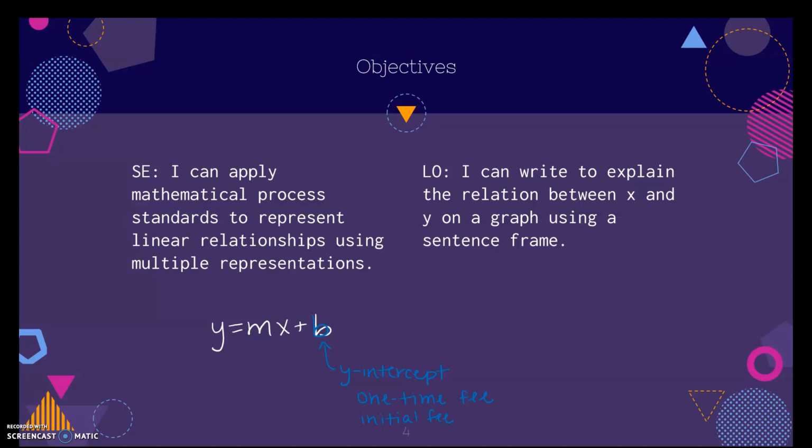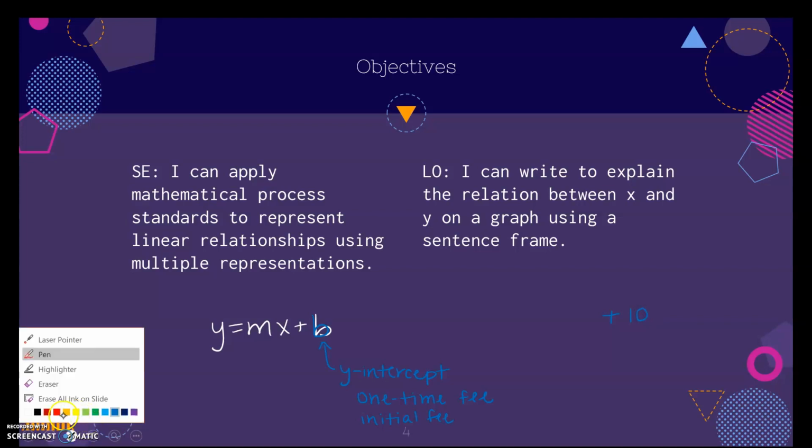So that's your y-intercept. So in that example where I was going to Austin and I was going to rent a kayak, and they said that there was a rental fee of $10. So in that scenario, I was adding $10 to whatever the cost was. So that was my y-intercept.